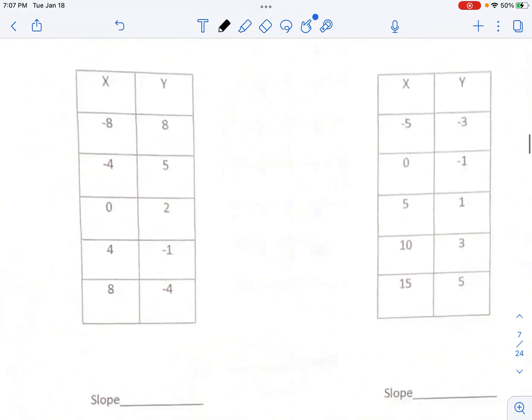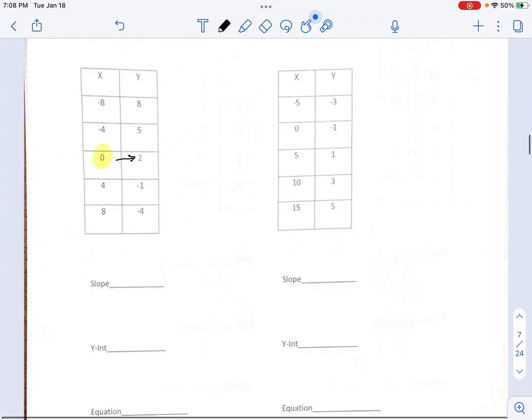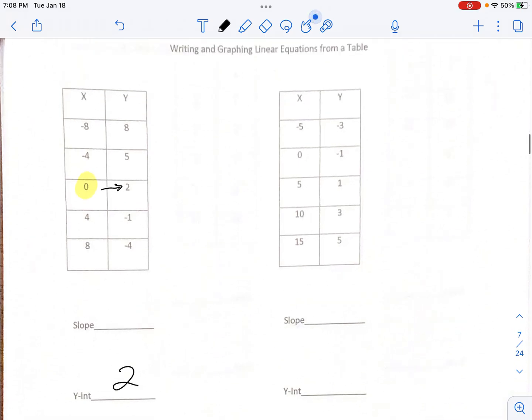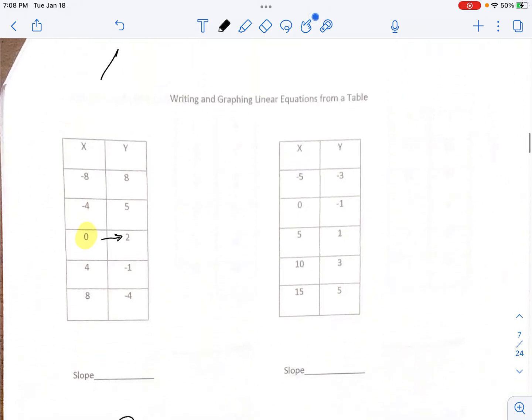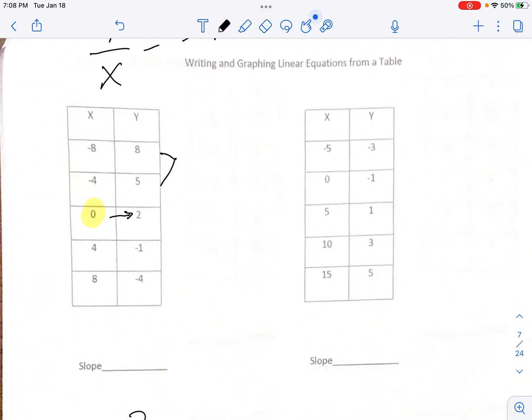Now, writing the equation from a table, okay? So when you're doing this, the first thing you need to look for is the 0 in the x column, because the y-intercept is that number right there. So my y-intercept is going to be 2. Now, slope is actually y over x, all right? Meaning I need to find the trend in the y over the trend in the x.